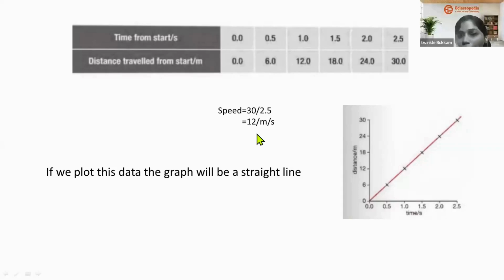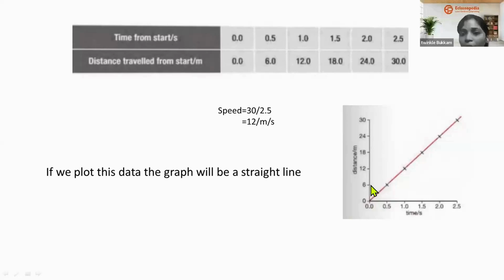But there is another way we can get the speed, by plotting a graph. We call this graph a distance time graph. On the y-axis, we plot distance, and on the x-axis, we plot time. Just plotting the data, I got a straight line. Straight line means the car is moving in a uniform motion.